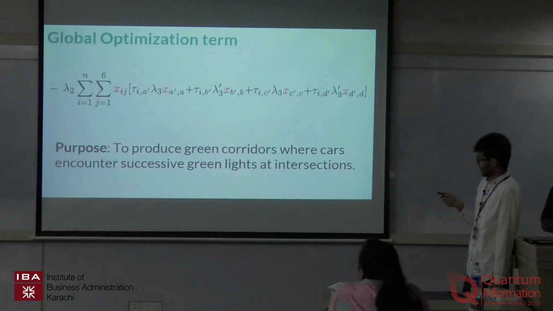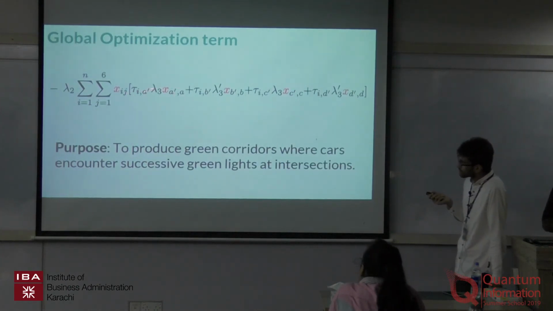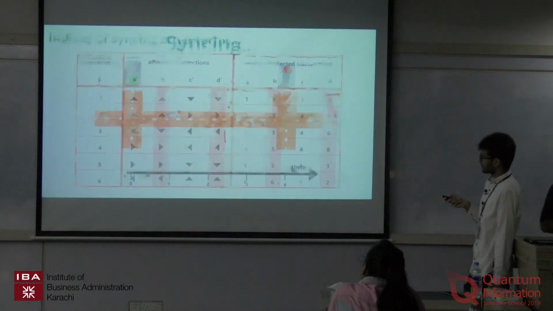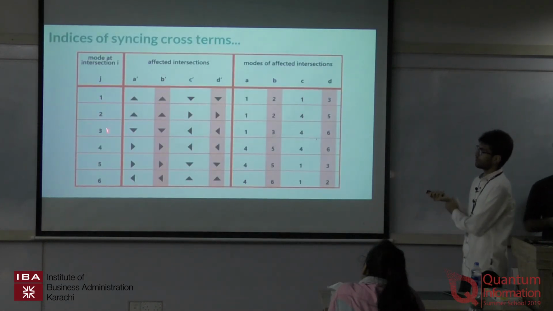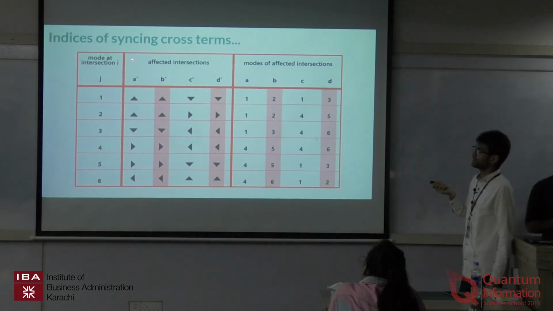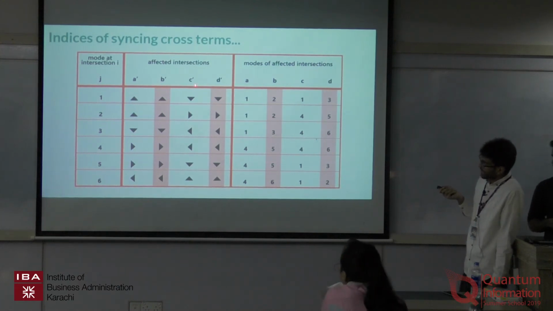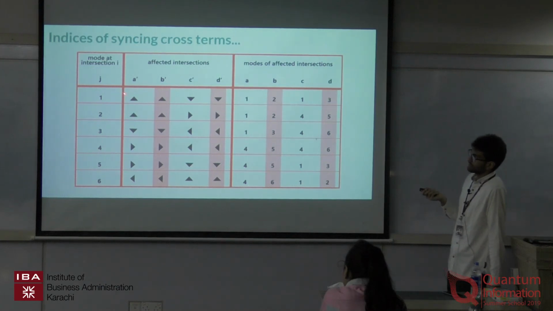Now, if you look back here at this cost function, let's first understand what these indices are: A dash and A, B dash and B, and these indices. To understand this, we have this table. On this column we have the modes arranged: mode 1, 2, 3, 4, 5, 6. And here the dashed indices are the intersections that are affected if this mode is turned on.